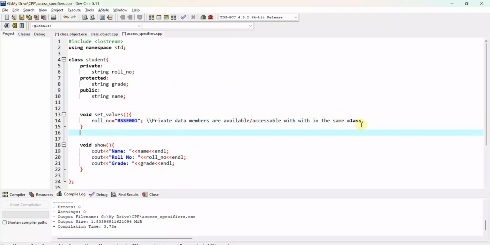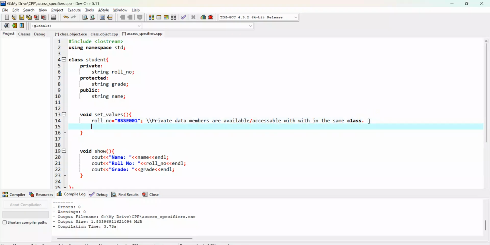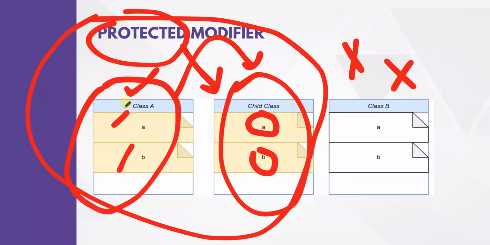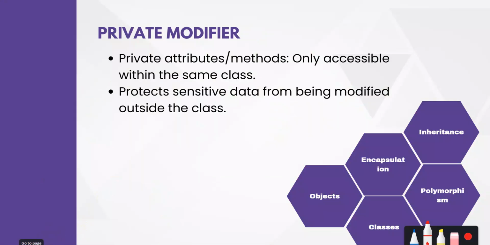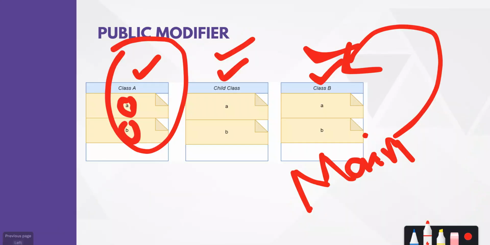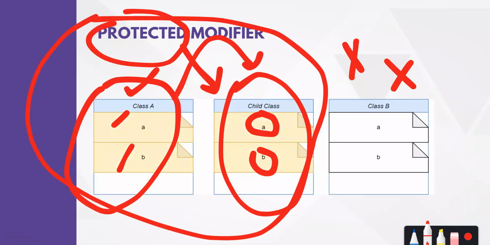So let's do another thing. The next thing is we also have one protected data member, that is grade. Let's check, can we set the grade value? I'm assigning some value to the grade, for example A, and let's check whether it works or not. But first we should go toward the protected slide, and here you can see that protected data members are available in the same class, and also available in the child class.